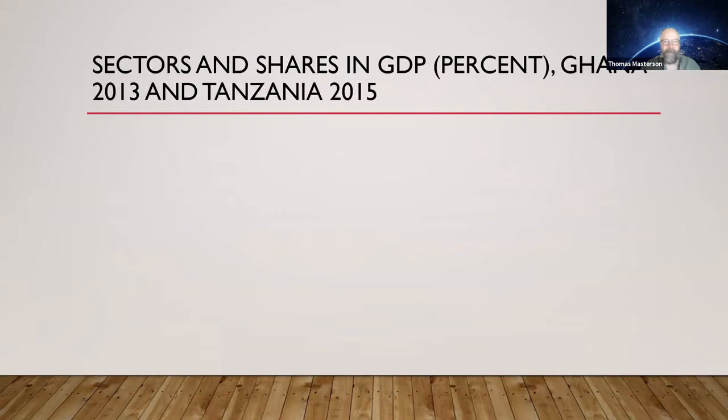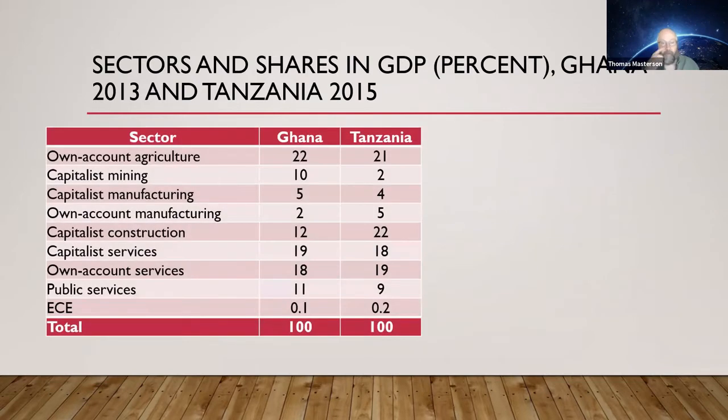Okay, so finally, this is the breakdown of the sectors in GDP in Ghana and Tanzania that we're going to use. In terms of the share of GDP, the own account agriculture is about 21 or 22% in both countries. Capitalist mining is much bigger in Ghana than in Tanzania.